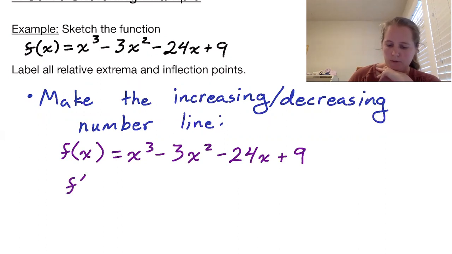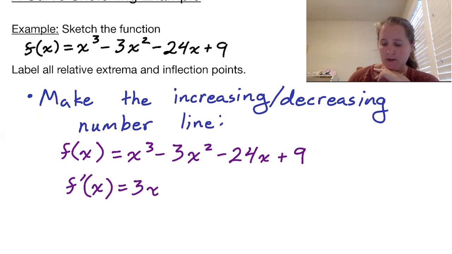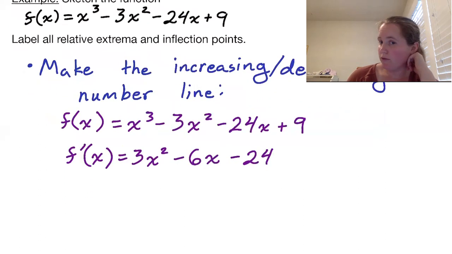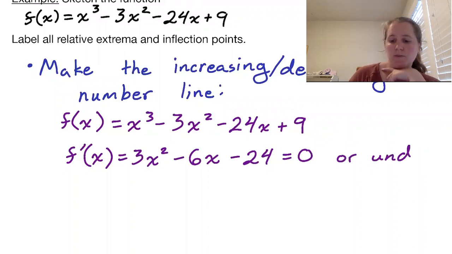So we have f prime of x by the power rule should be 3x squared minus 6x minus 24. We want to figure out where this is 0 or undefined. It's a polynomial, so it's never undefined.